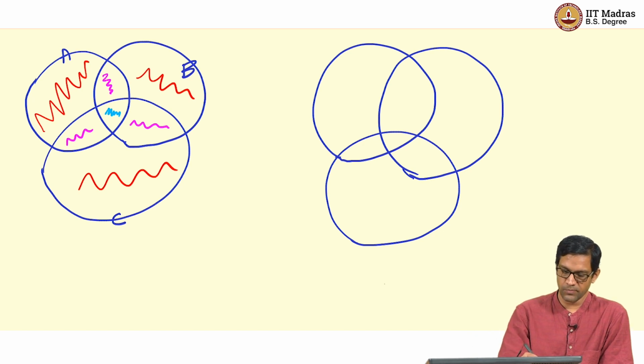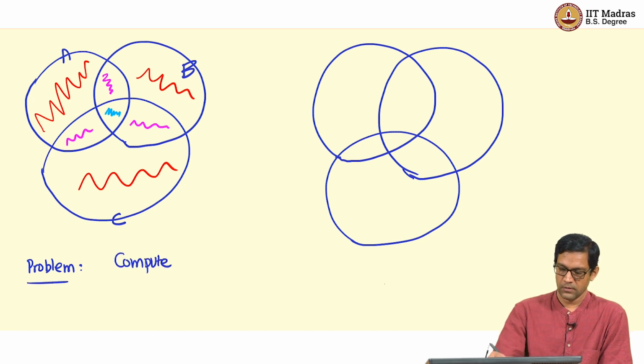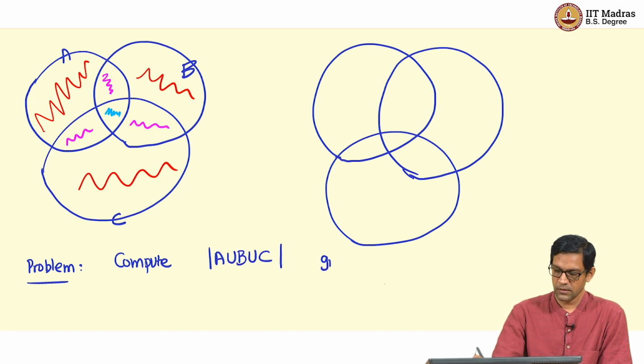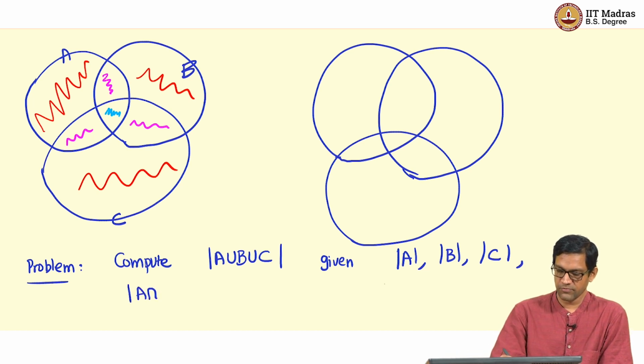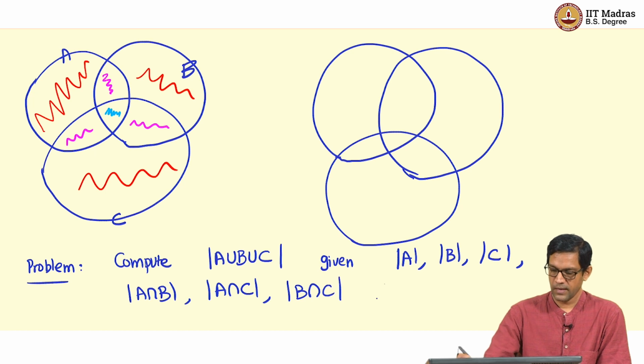So here is the problem statement. We would like to compute the cardinality of the union given the following pieces of data: cardinalities of the individual sets, cardinalities of pairwise intersections, and the cardinality of the threefold intersection, all 3 together.